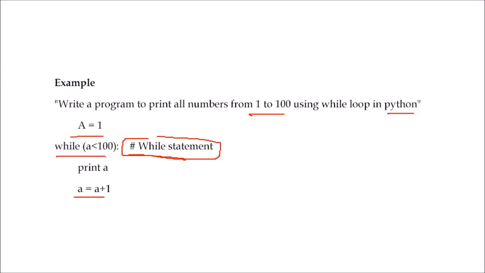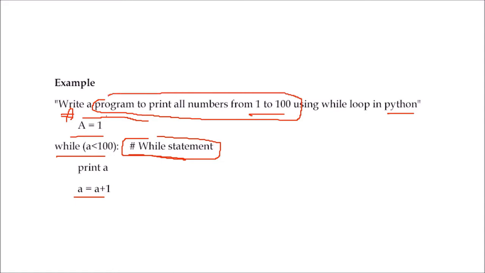This is making this worthwhile. And you can also do one thing, make a hash and write here, this is a program to print all the numbers from 1 to 100. If you write this here, you have actually enhanced the beauty of the program as far as the understanding is concerned, the later understanding is concerned, and debugging is concerned.